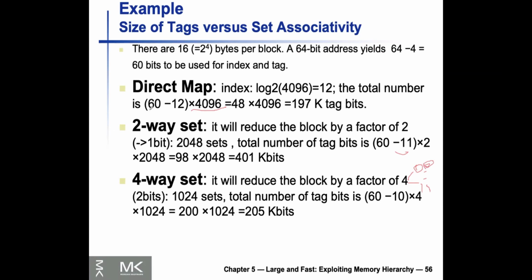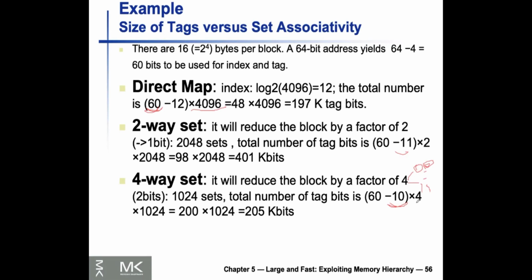So from that 60, instead of taking 12 for direct map, instead of taking 11 for two-way set, now we need to take 10, right? And what will remain is 1024 sets, because you have a four-way set associative.